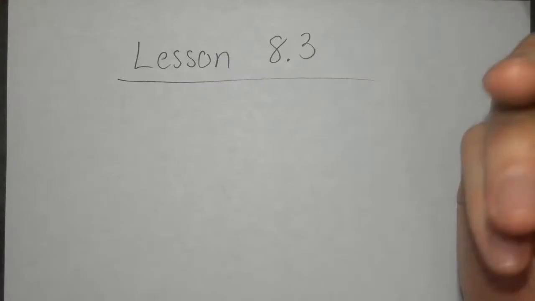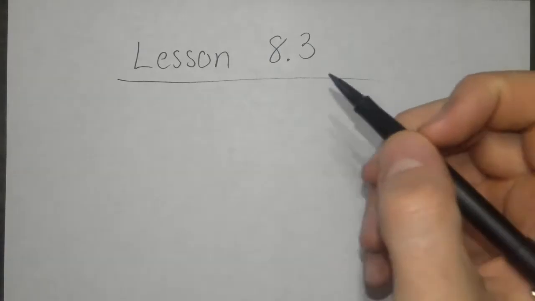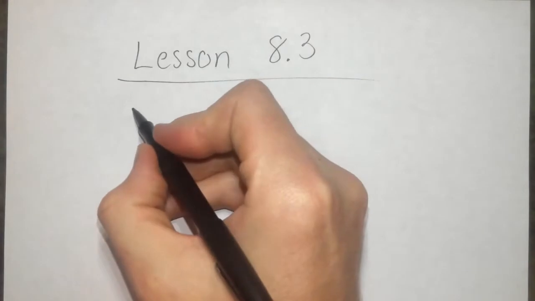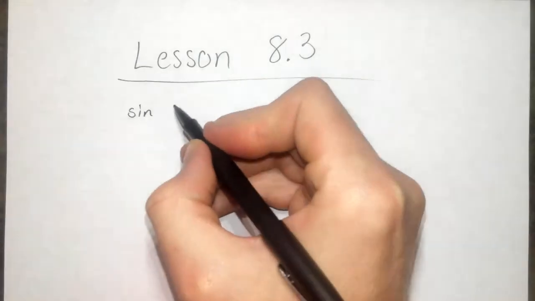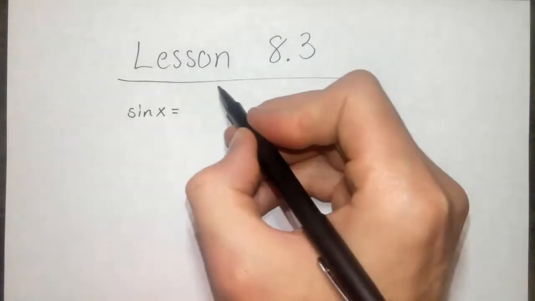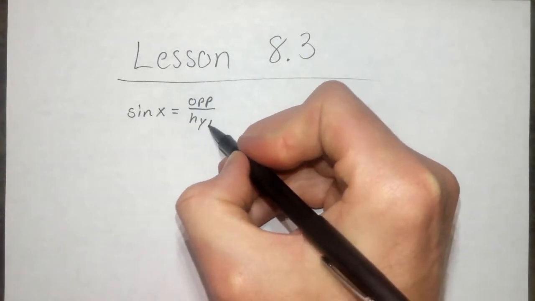We talked about sine, cosine, and tangent, the basic trig functions, and we use those to find missing parts of a right triangle. Okay, so we said the sine function of an angle, we'll call it x. So the sine of x is opposite over hypotenuse.